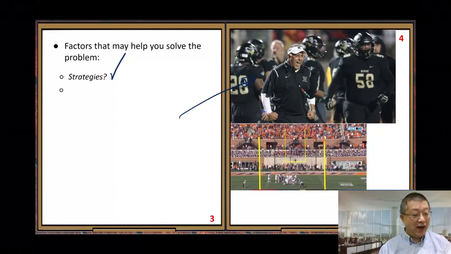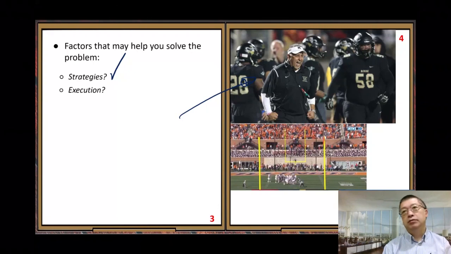Now I think most of you can get the point. Execution is also important. Even if you have the correct strategies to get the problem solved, can you execute your strategies successfully?